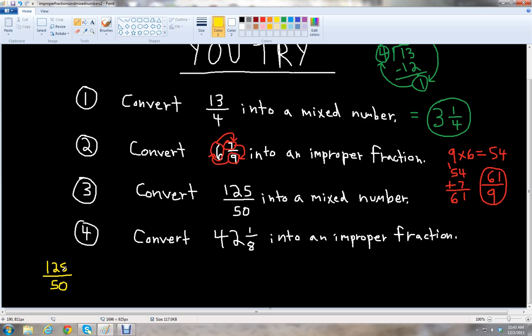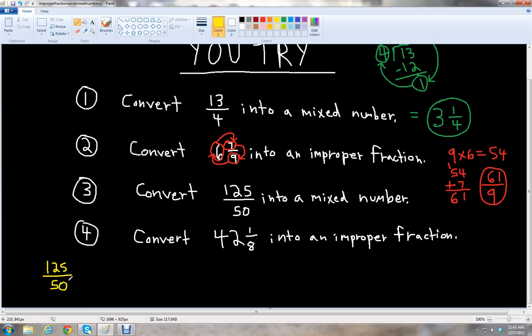Now 125 and 50, they both either end in 0 or 5, so we know we could reduce this. So we could either reduce this improper fraction first and then convert it into a mixed number, or we can convert it into a mixed number and then reduce the fraction later on. So either order, you'll get the same answer.